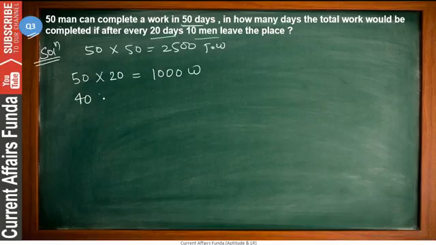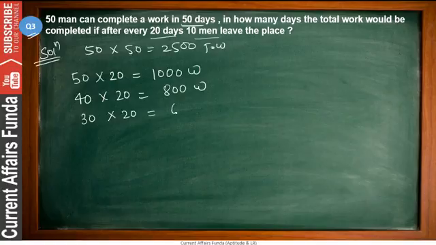That means 40 men are there, they will work for 20 days, and the total work will be 800 units. Again after 20 days 10 more men leave, so there will be 30 men into 20 days, they will do 600 units. In the next slot, 10 will also reduce, so the total will be 20 men.